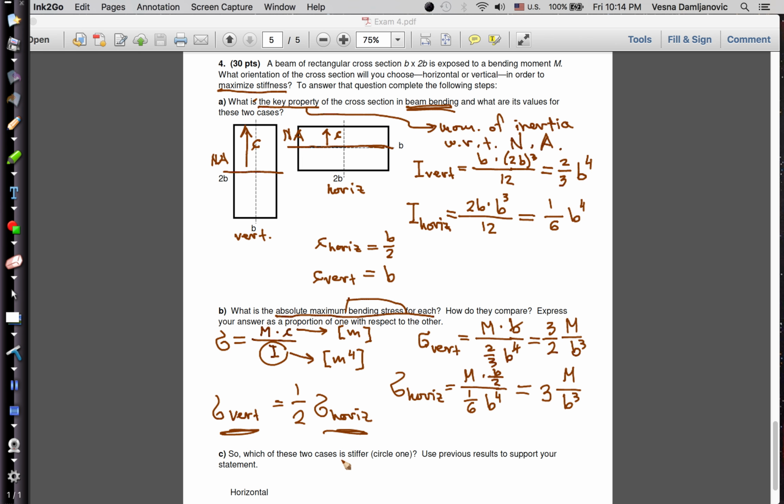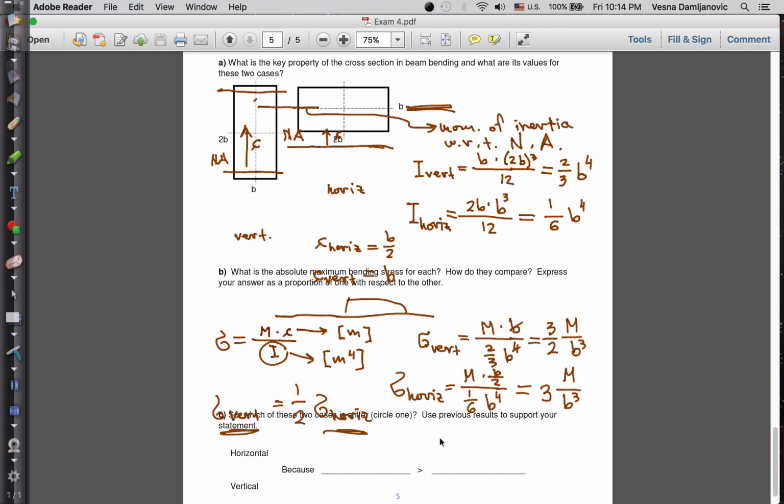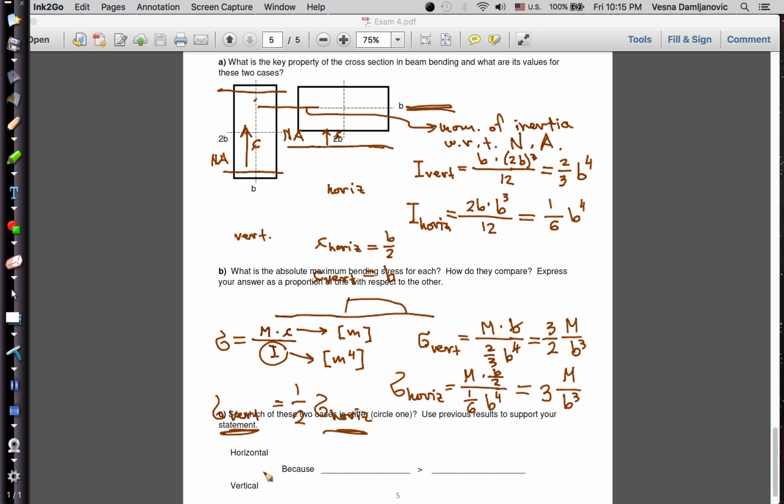So which of the two cases is stiffer? It's the vertical one. I'm going to have to move this up a little in order to solve this. I purposely put a sign that's not intuitive, because at this point I want you to state the math.